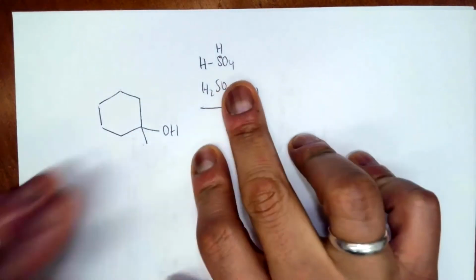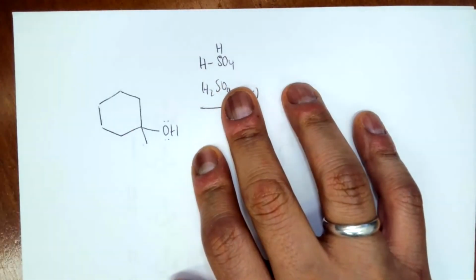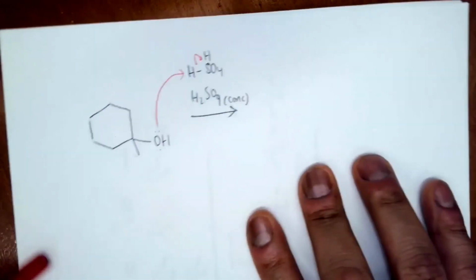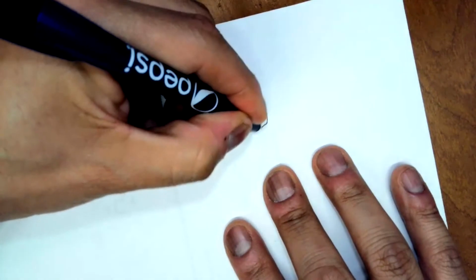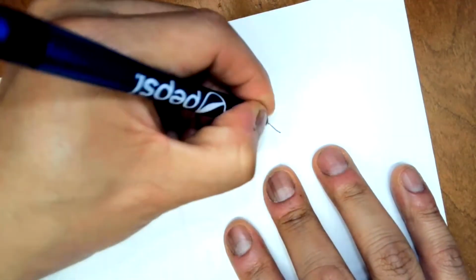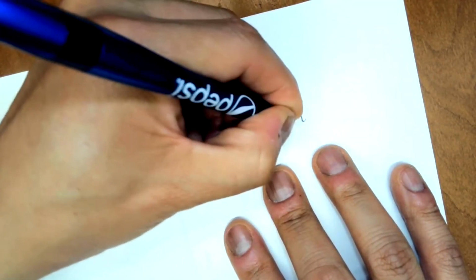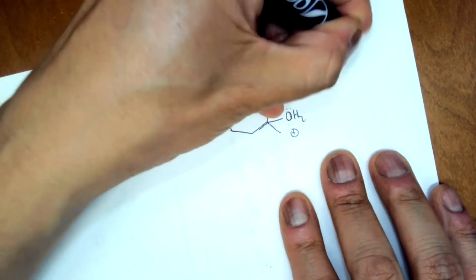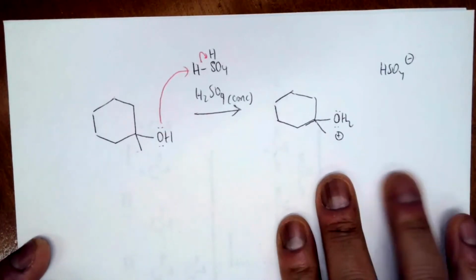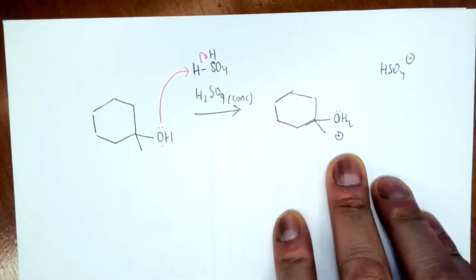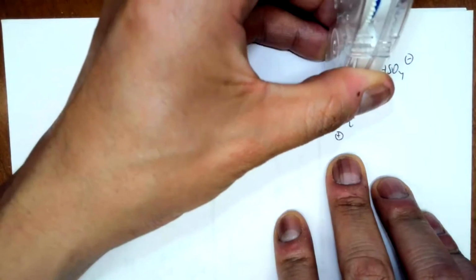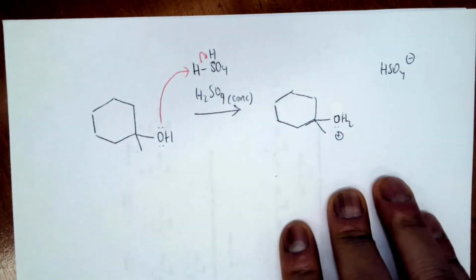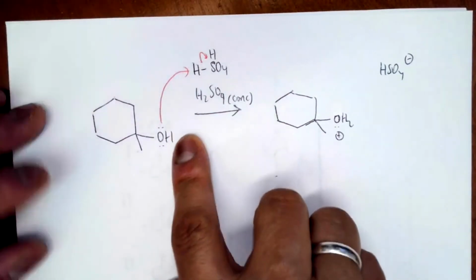So the alcohol will get protonated. Of course, I get bisulfate, but it's just a side product. Oh, mistake there. It's only one lone pair of electrons, because it's OH2 plus. So it got protonated.